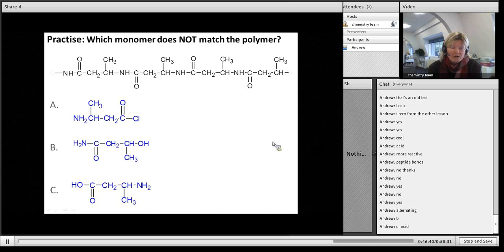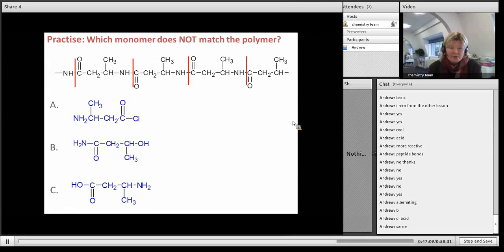So first of all, you've got to see straight away where the peptide links are, and are they alternating or not alternating? Here I'm just breaking them up. Is it NCO, NCO, NCO? Is it the same, or is it alternating?